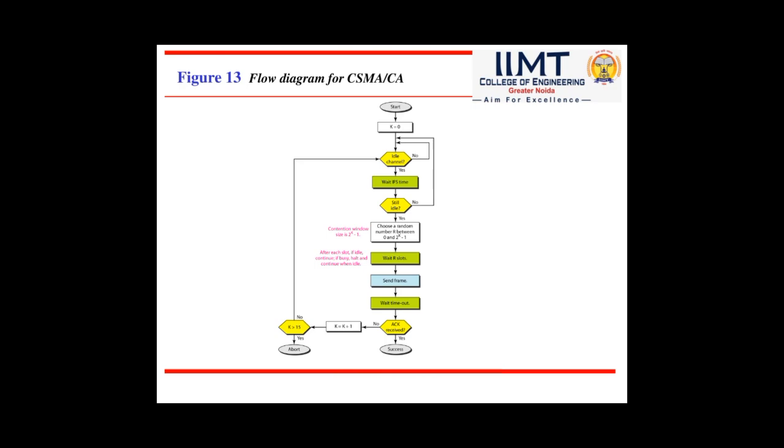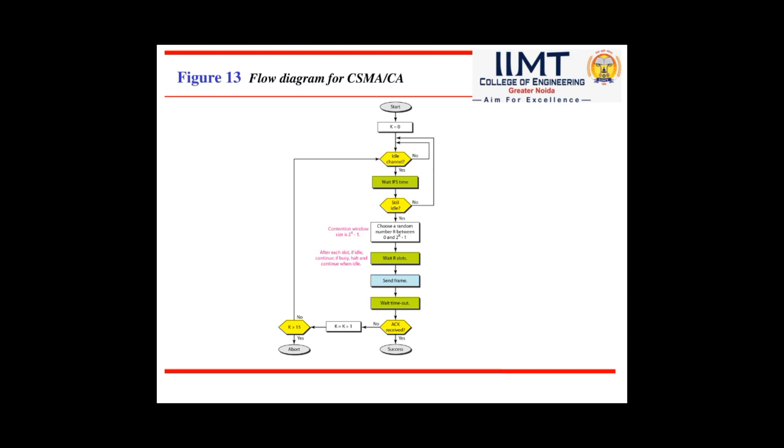Initially, in the first attempt, it is detected whether the channel is idle or busy. If the channel is free, it will not send the data immediately. It waits an amount of time, that is the IFS time. What the IFS time of a particular station is, is decided by the administrator.